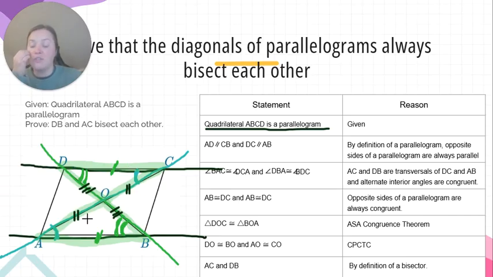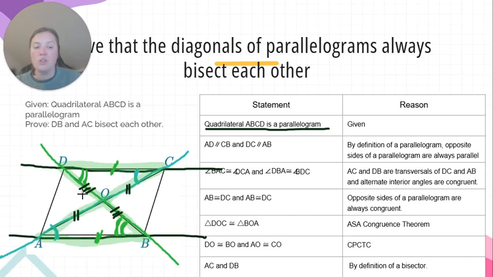This is the transversal, and we use those transversals and the definition of alternate interior angles to show that BAC, this one here, is congruent to PCA. Right, so these two teal ones here are congruent.